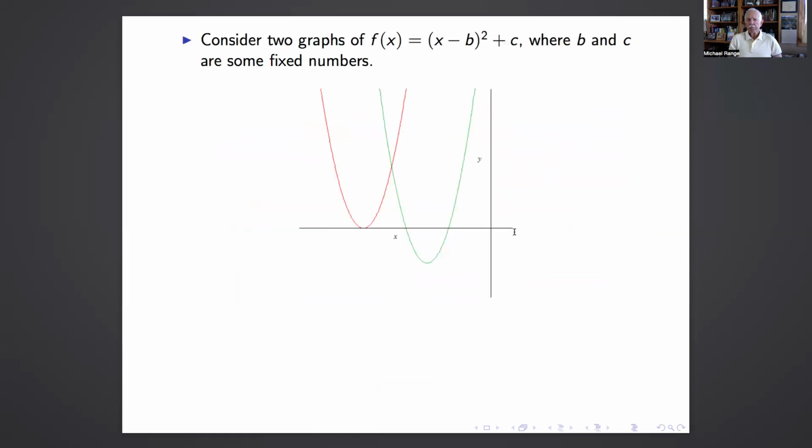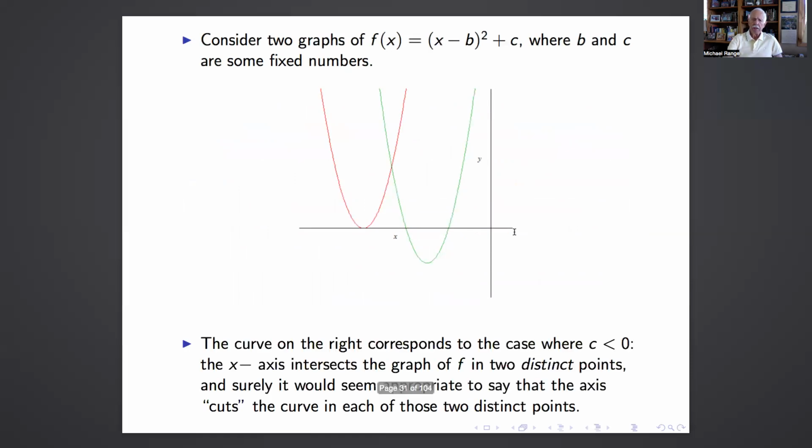So we consider two graphs of f(x) = (x - b)^2 + c, where b and c are some fixed numbers. The curve on the right, which is this one here, corresponds to the case where c is negative.